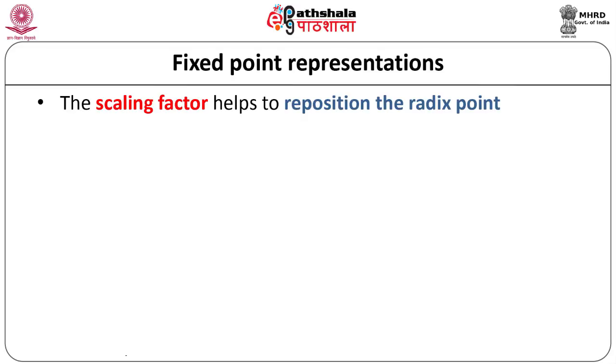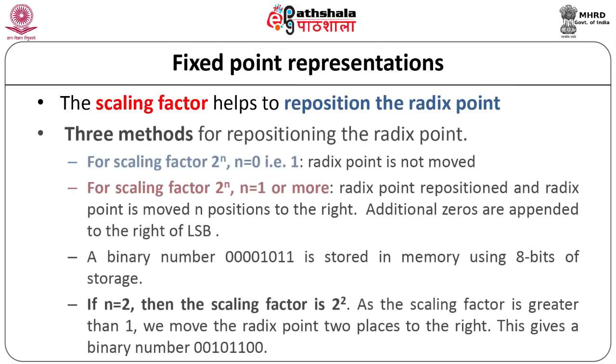There are 3 methods for repositioning the radix point. The radix point is moved to the right or to the left or remains where it is based on the scaling factor. First, for scaling factor 2 raised to n, where n is equal to 0, that is 1.